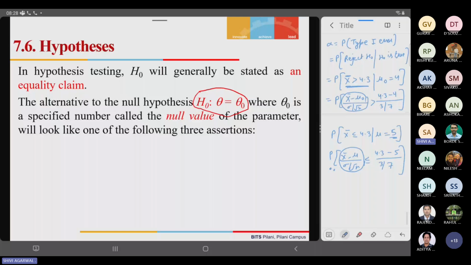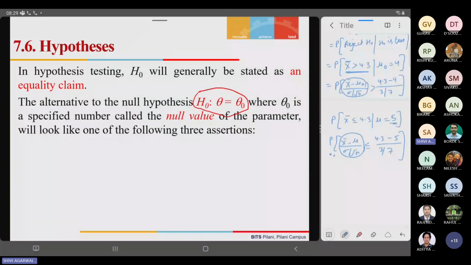The probability of type 1 error is the probability that we reject H0, given that it is true. Similarly, the probability of type 2 error, which is denoted by beta, is the probability that we fail to reject H0, given that H0 is false. Correct. These two types of errors we did in the last class in section 7.5.